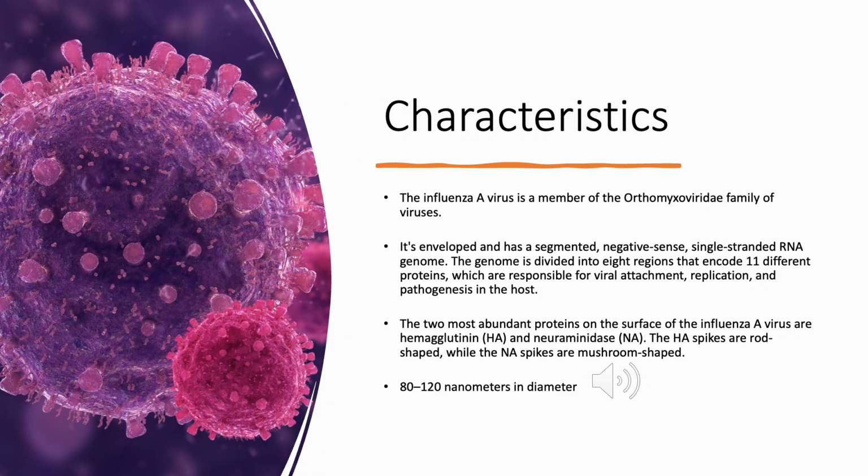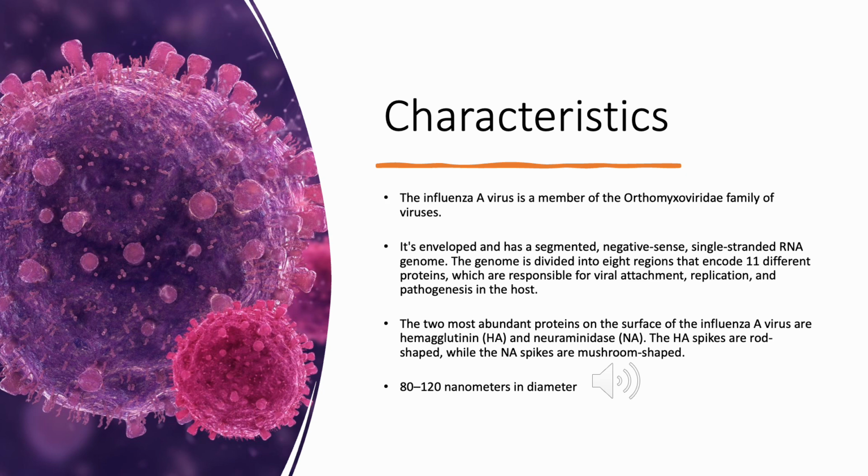Characteristics. The influenza A virus is a member of the Orthomyxoviridae family of viruses. It's enveloped and has a segmented negative sense single-stranded RNA genome. The genome is divided into 8 regions that encode 11 different proteins, which are responsible for viral attachment, replication, and pathogenesis in the host.